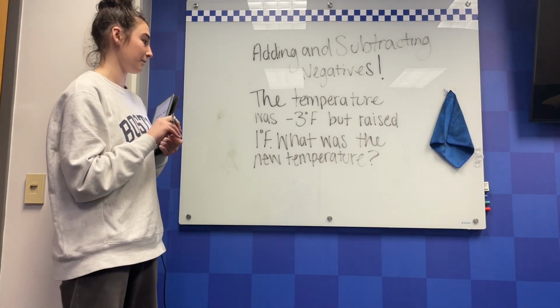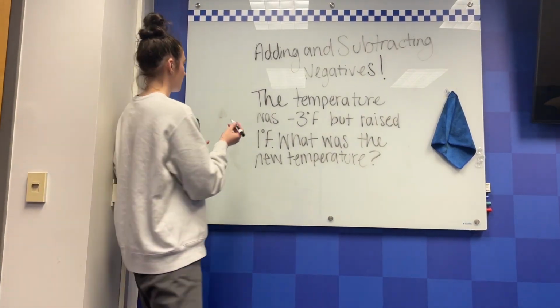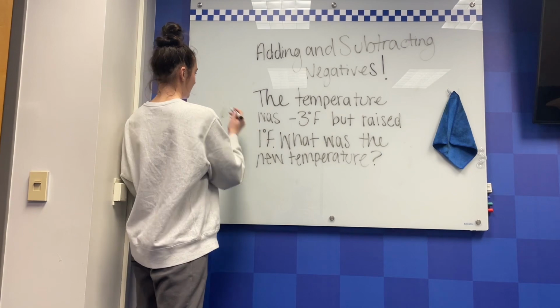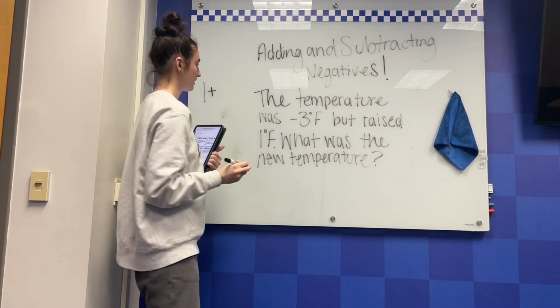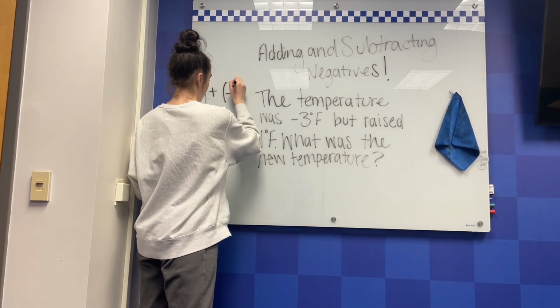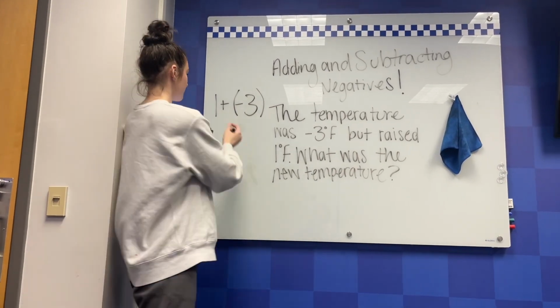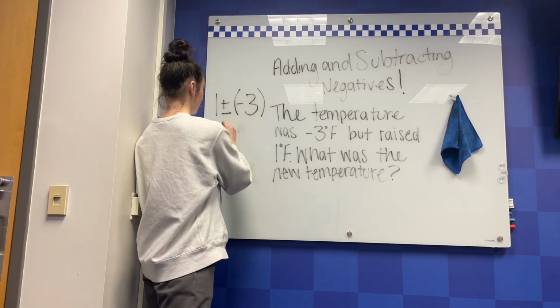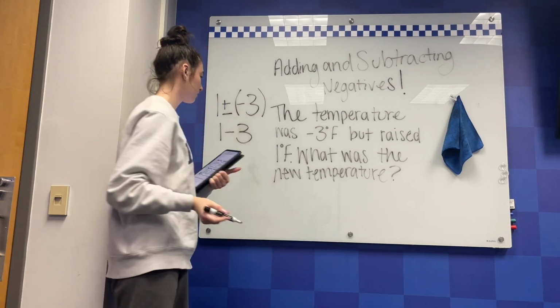What was the new temperature? So let's start off by writing our equation. So we're adding 1, so 1 plus -3, right? Okay, so when we add, this means we're subtracting. So 1 minus 3.